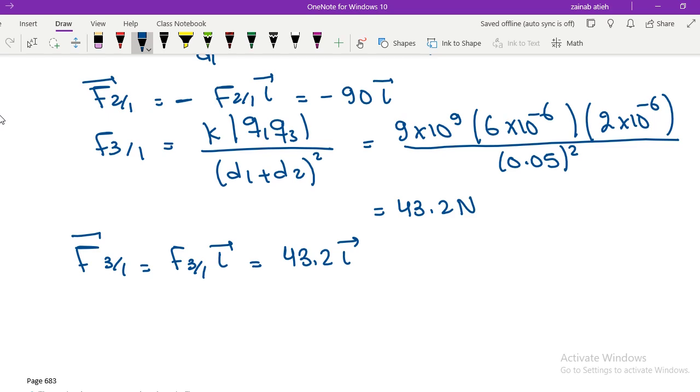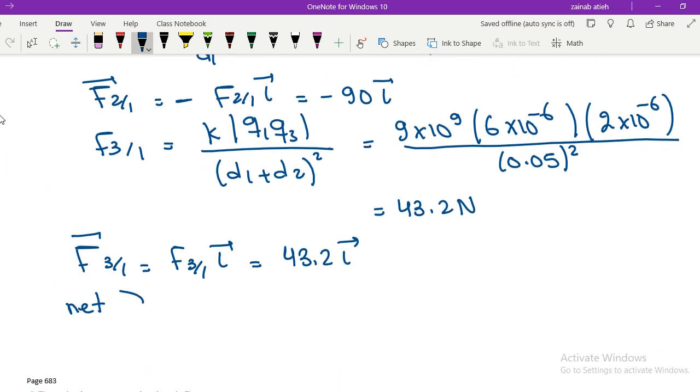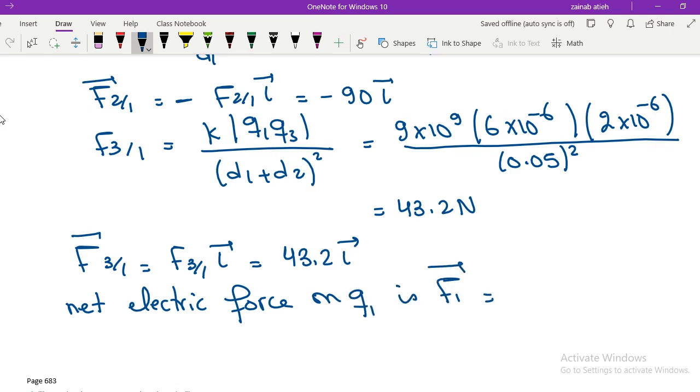Now I have written my two forces as vectors in terms of I. Now I can add them easily. So the net electric force on Q1 is F1, which is due to 2 and due to 3.